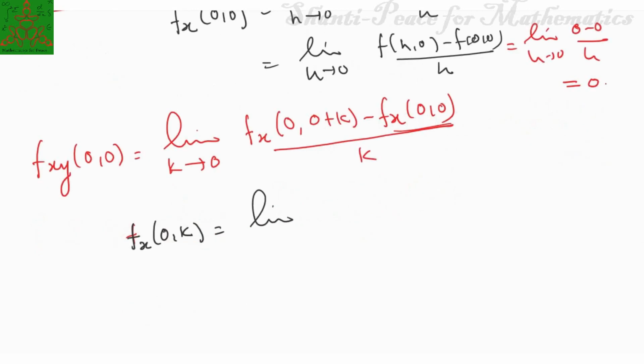This will be the limit as h tends to 0, because we are differentiating with respect to x at the point (0,k): [f(0 + h, k) - f(0,k)]/h.